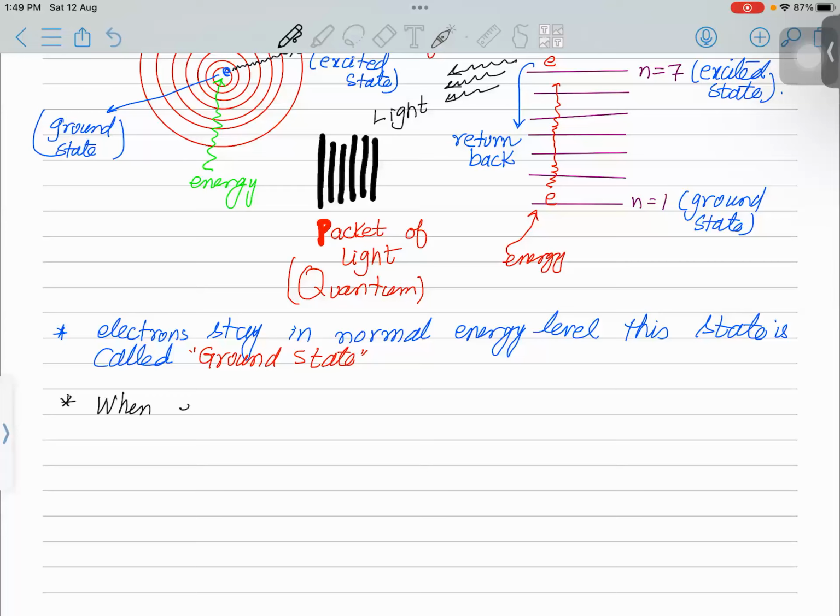When an electron absorbs energy, it moves to a higher energy level.